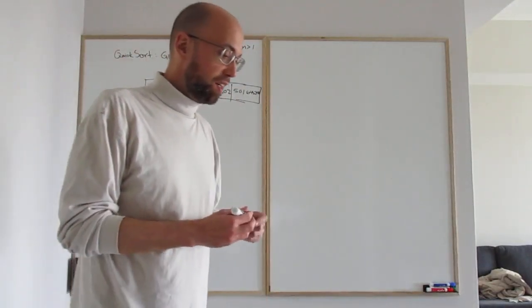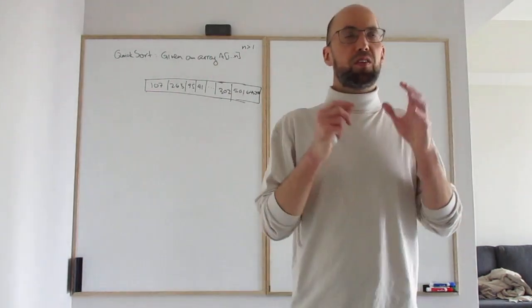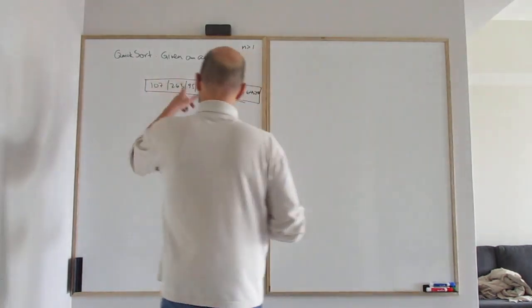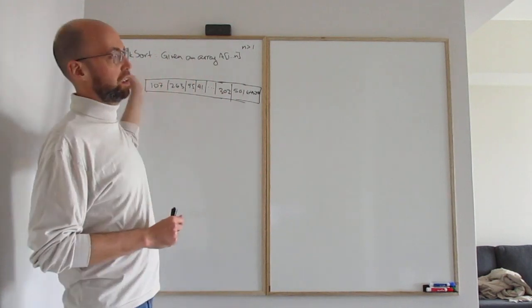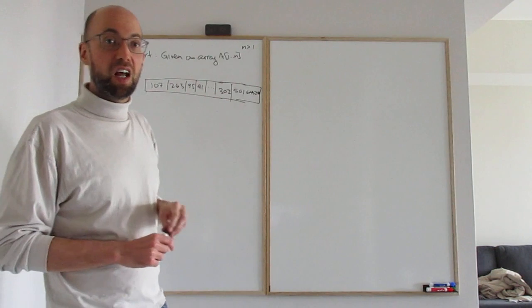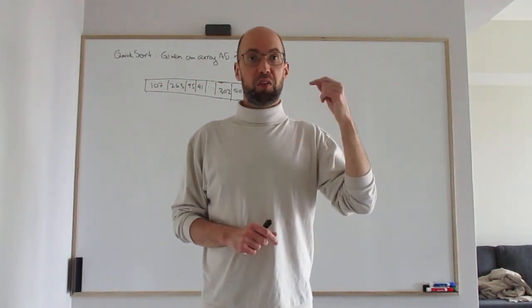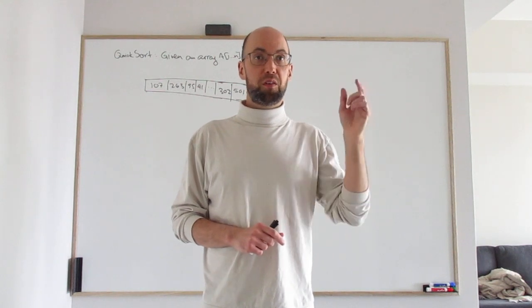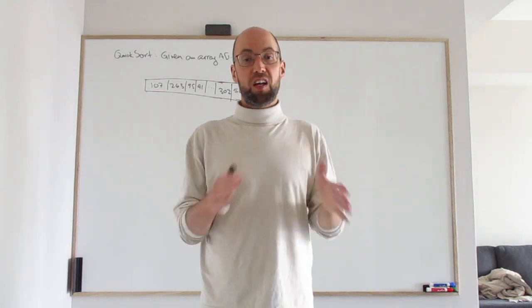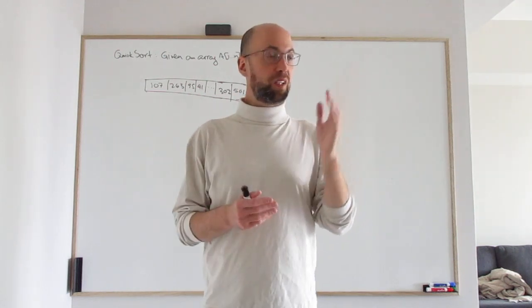So the idea is you have the array and you're just going to pick a pivot like there. 41 is my pivot. It could stink. You could by accident pick the smallest number or the biggest number, in which case it will split the same way as before.